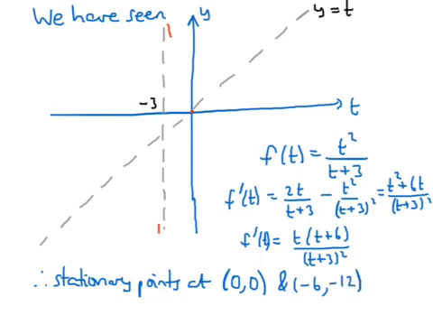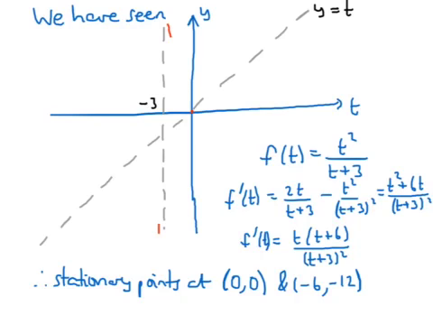So our minimum is at the origin here, and here we know that our function approaches minus infinity here, and we have another stationary point at minus 6, so that's going to be around here, and when y is equal to minus 12, so that's going to be somewhere around, let's say, roughly here.